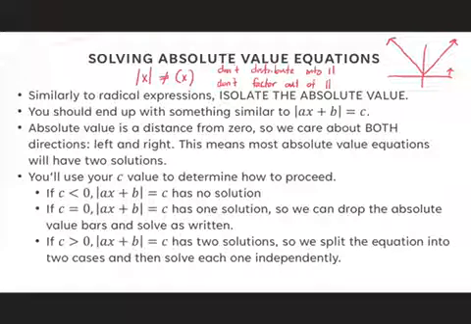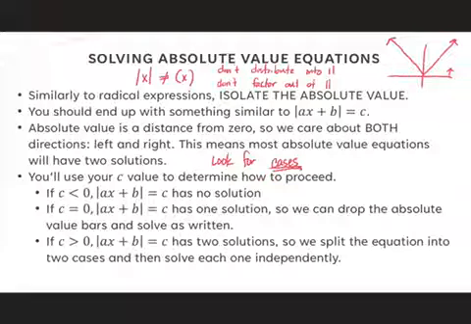Okay? The only way to get rid of absolute value bars is that you have to look for cases. I always want to write look. Okay? You get the absolute value by itself, and then we analyze.